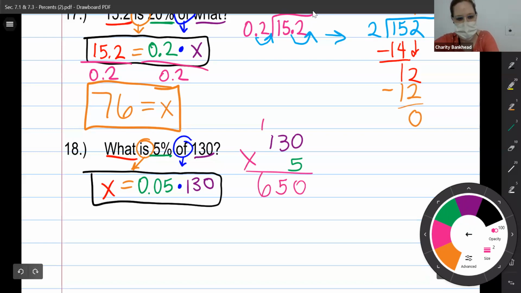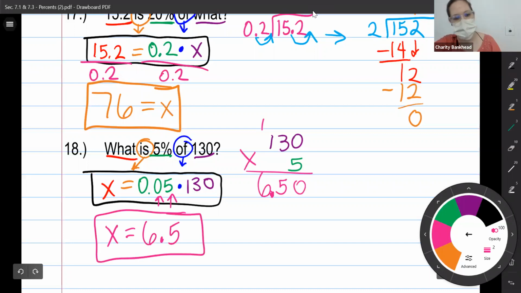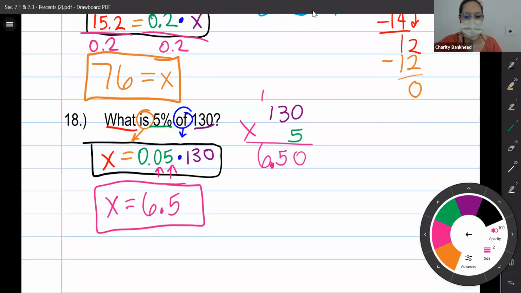So that'll be 650. And then I have to have 2 of those digits after the decimal point. So x equals 6.5. All right. Any questions?